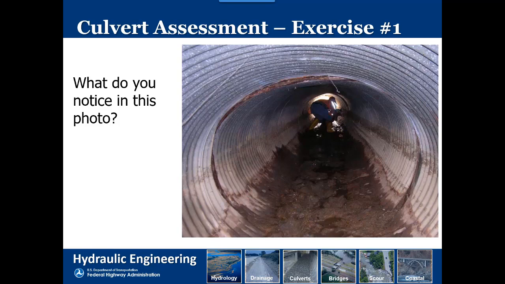So you need to make a decision of, is that good, fair, poor, critical, or whatever rating system you're using, and then give that to whoever can make a decision on whether to do some spot repair, maybe lining, maybe say, well, it's going to be okay for 20 years, or maybe we need to replace it.